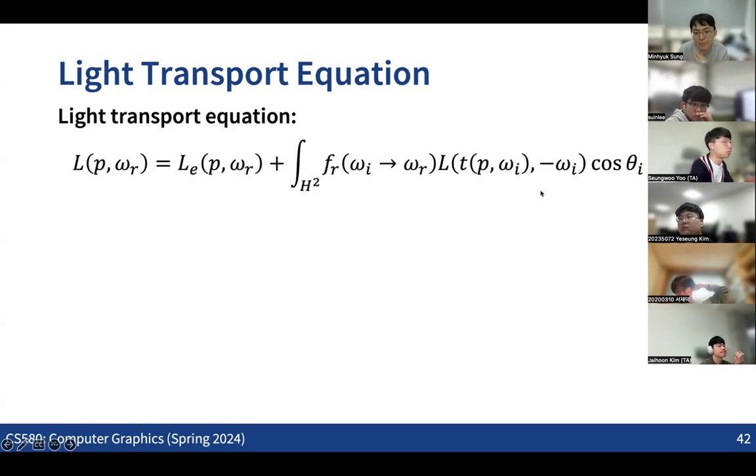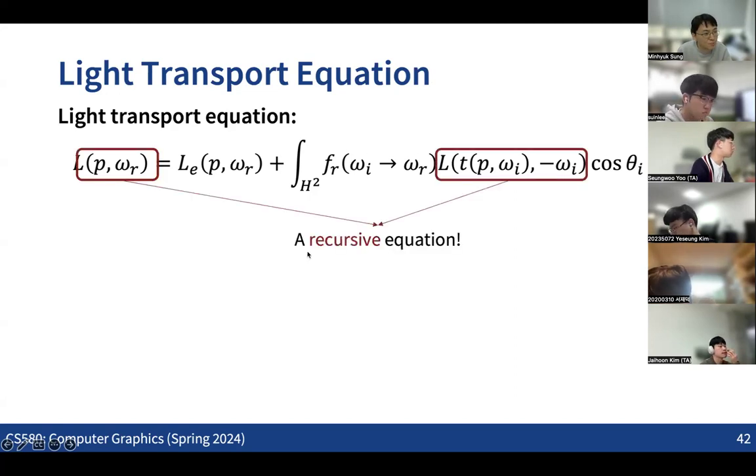Is this clear? Now we are seeing some kind of recursive form. We have the outgoing radiance here and also here as well. So this is a recursive equation, which makes the computation more complicated, right?